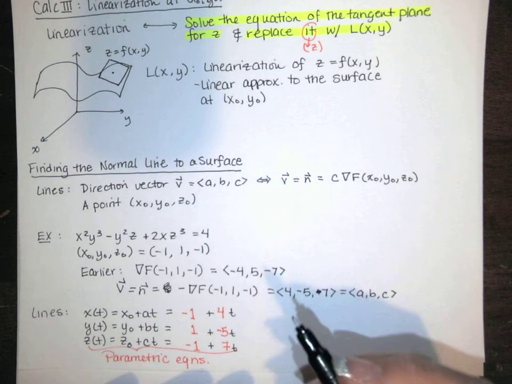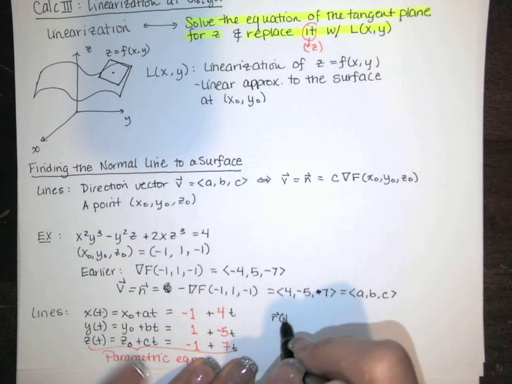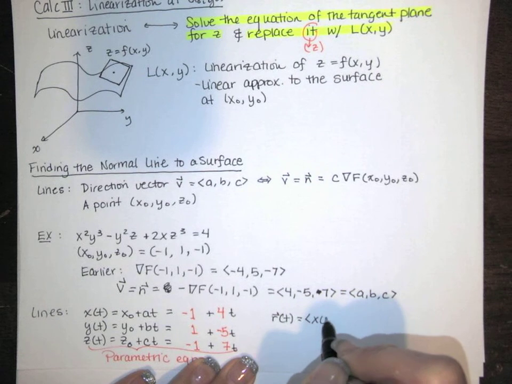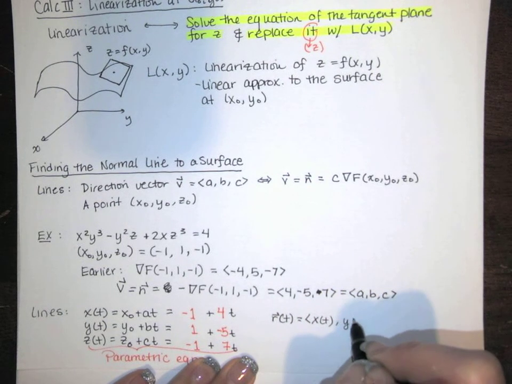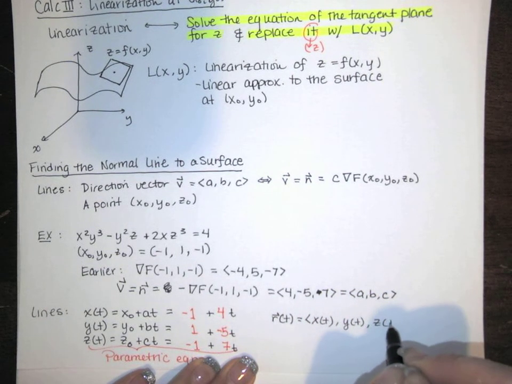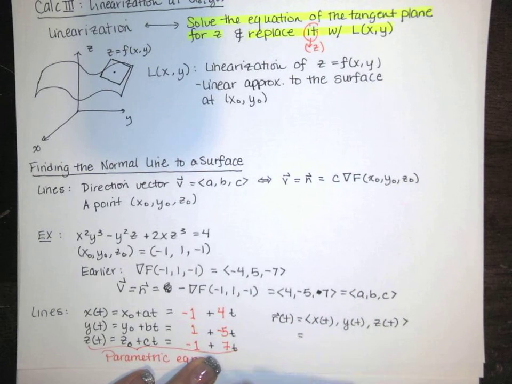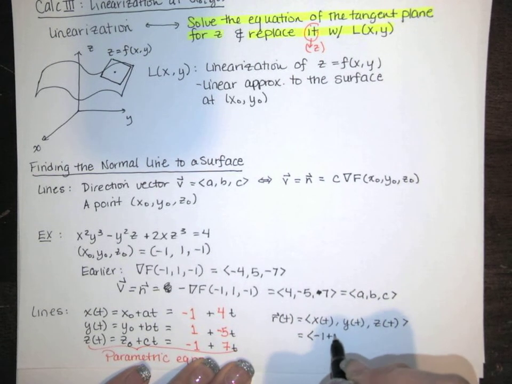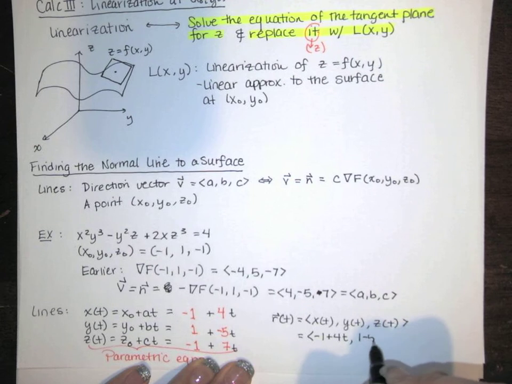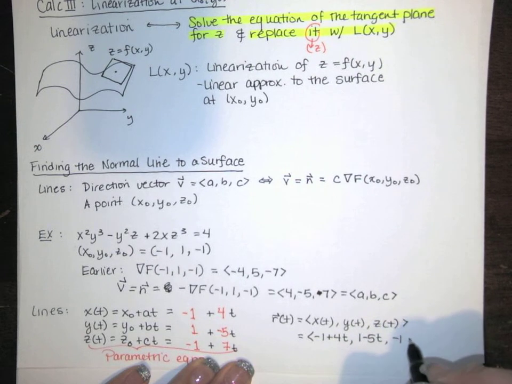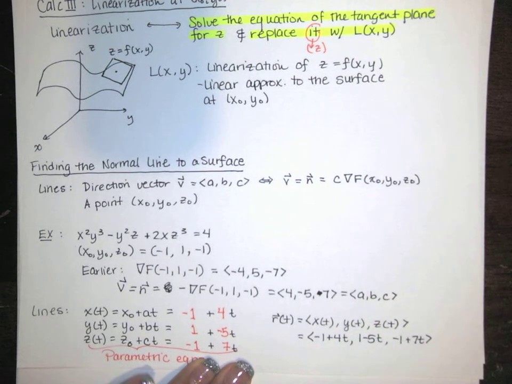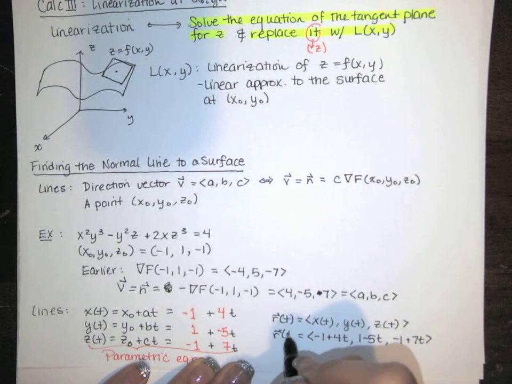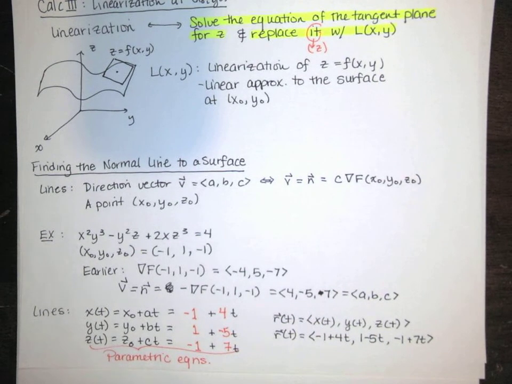If we want the vector equation of the normal line, we just use a vector valued function r of t with components x of t, y of t, and z of t, and you substitute the parametric equations in over here. So we've got -1 plus 4t, 1 minus 5t, and -1 plus 7t are the components of r of t. So this is the vector equation of the normal line.